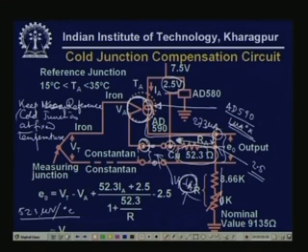So this point will be at a higher potential by exactly 52.3 microvolt. As this potential falls, this potential is going to rise by the same amount. So E0 will not be affected by the change in Va. This is what is cold junction compensation.